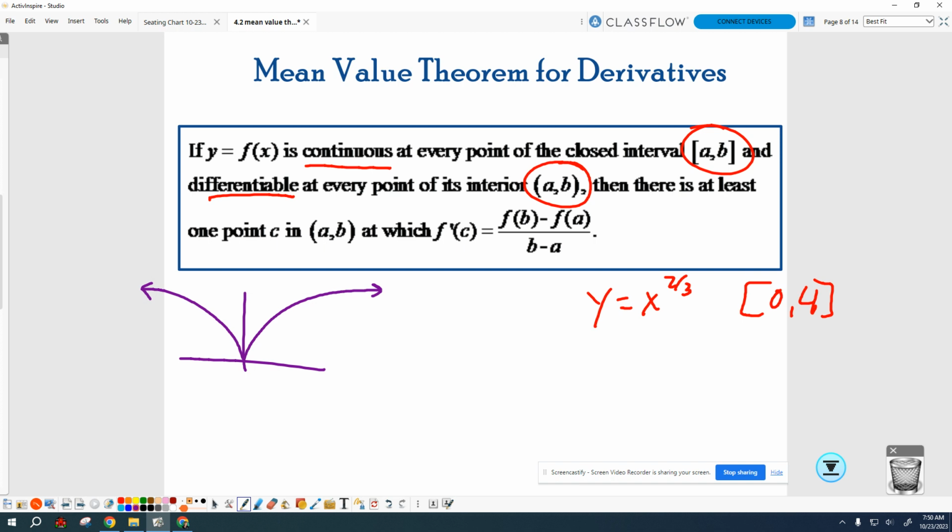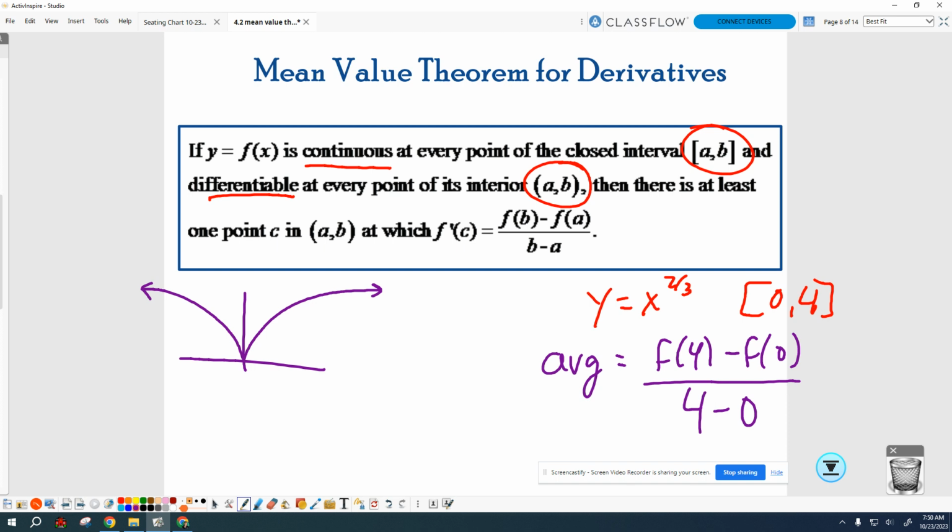So to show you what this means, if this is my function, y equals x to the 2/3. If I'm asking for what coordinate makes the mean value theorem true over this interval, I need to find the average, which is just slope. F of 4.